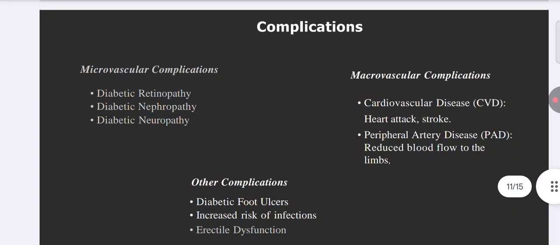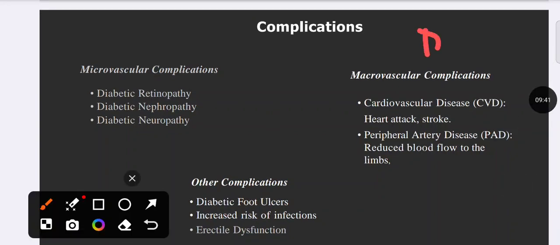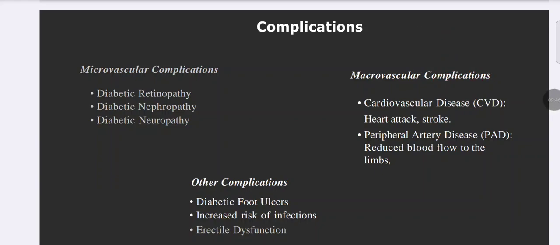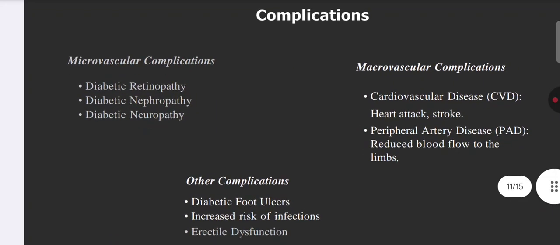Now complications means, if a person has diabetes mellitus, what other diseases or disorders he might have. Diabetes mellitus is a metabolic disorder. If this is there in some person, he might have so many other diseases like diabetic retinopathy, eye problem, nephropathy, kidney problem, neuropathy, nerve problem, then macrovascular complications like cardiovascular diseases, heart attack, stroke, peripheral artery disease, reduced blood flow to the limbs.